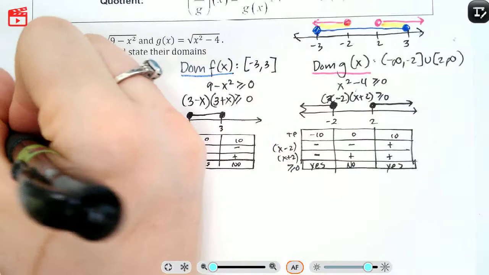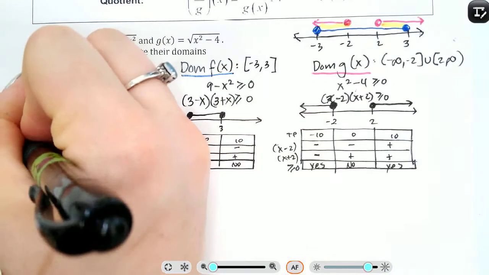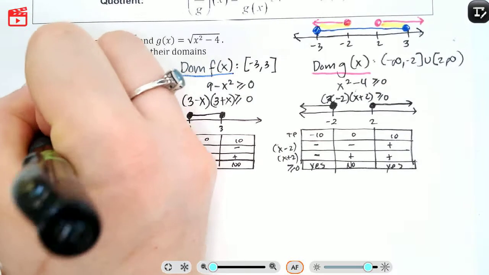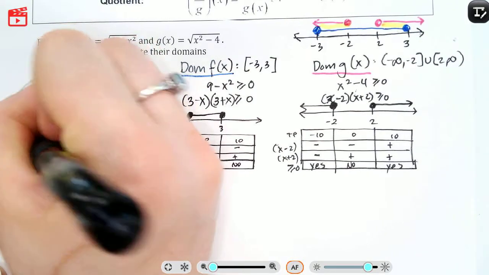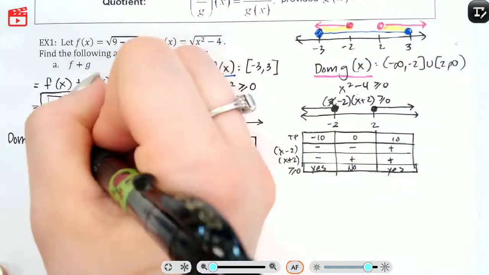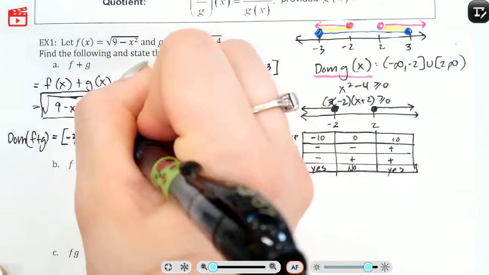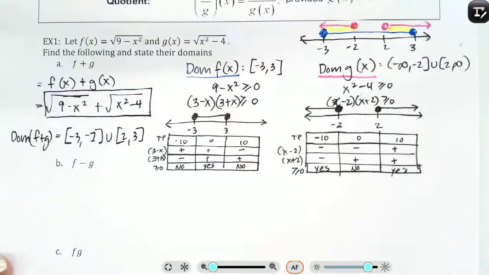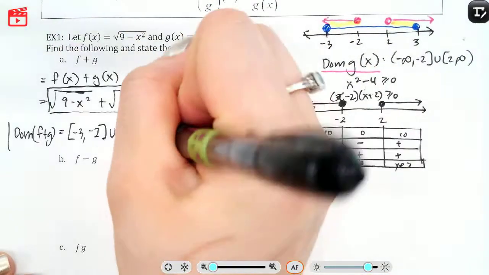So domain of F plus G is going to equal negative 3 to negative 2, including negative 2, union 2 to 3. And box that.